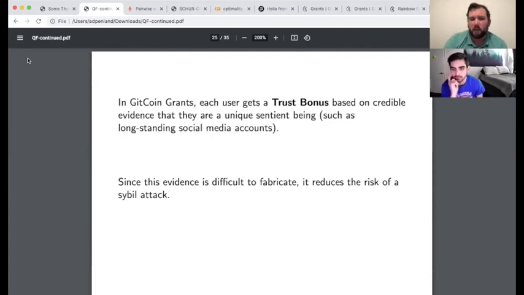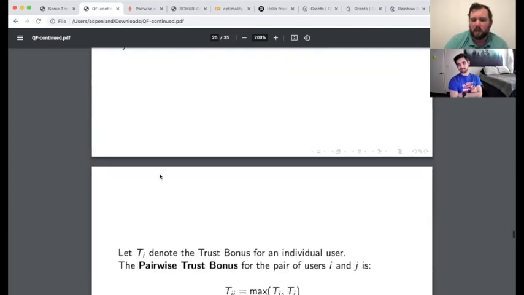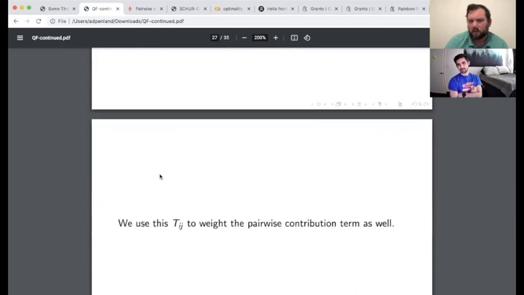If you give people higher or lower trust bonuses and change the weight of their donation accordingly, this does something to mitigate against a Sybil attack. So these are the three problems, and these are the three potential solutions.